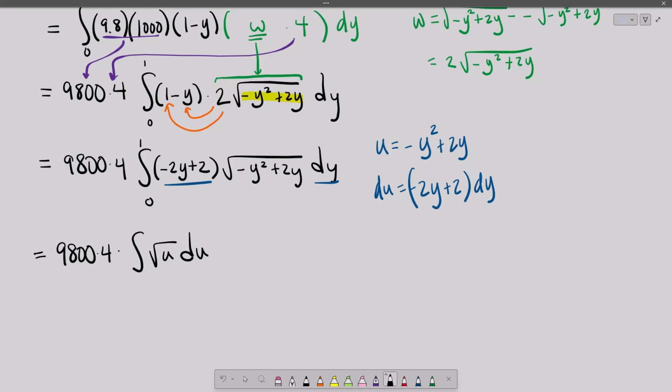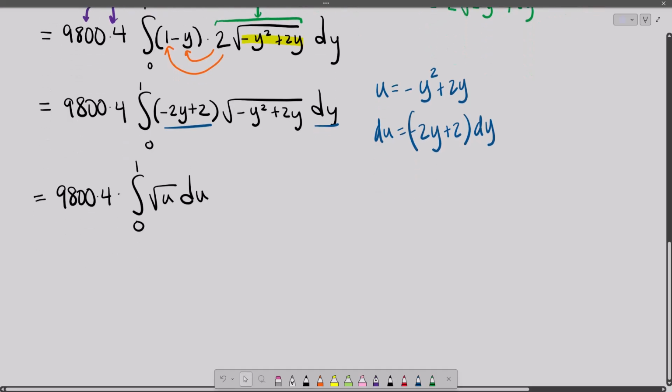Or we could put placeholder limits and switch back to y and use the y limits with a conversion back if we want. Doesn't matter. These are pretty easy to convert. If we plug in y equals 0, we get u is equal to 0. If we plug in y equals 1, we get 1. They're actually the same. So in this case, it's not going to matter at all.